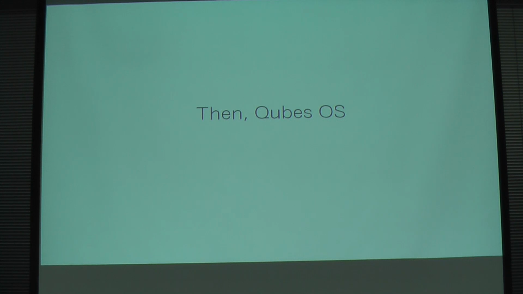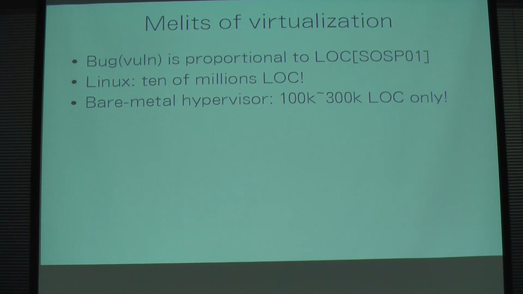Then Qubes OS uses virtualization to rescue it. First, I'll talk about the merits of virtualization. Bugs or vulnerabilities are proportional to lines of code. The Linux kernel source code is 10 million lines of code.